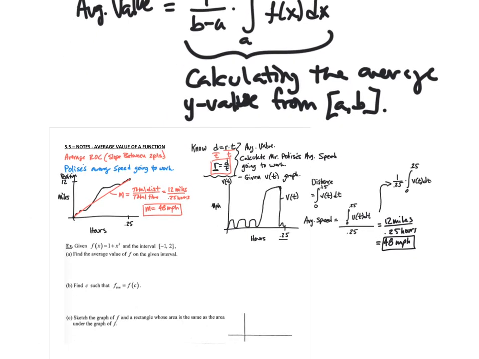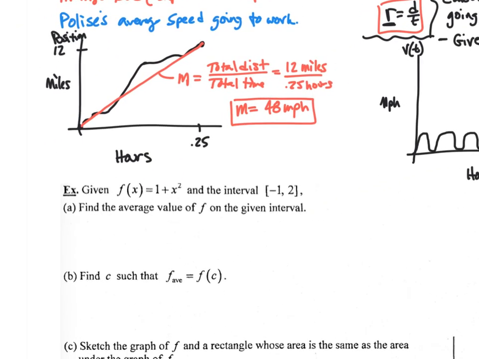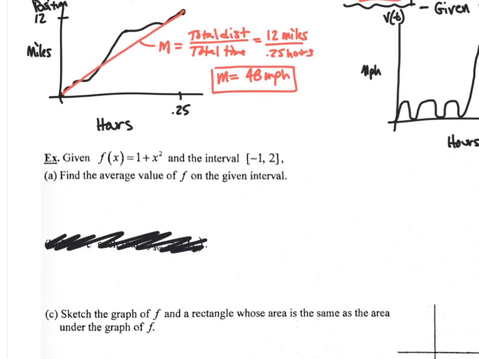So what I want to do here real quick is I'm not going to focus too much on part B. I'm merely trying to calculate the average value of f on that given interval. So I do want to go through this and talk about this.